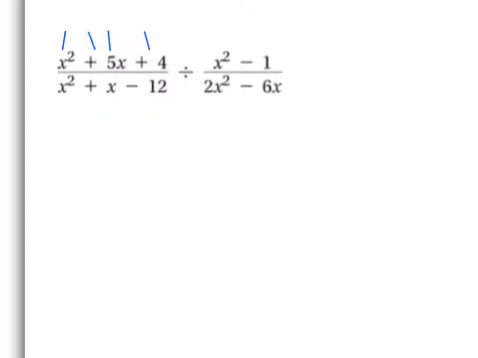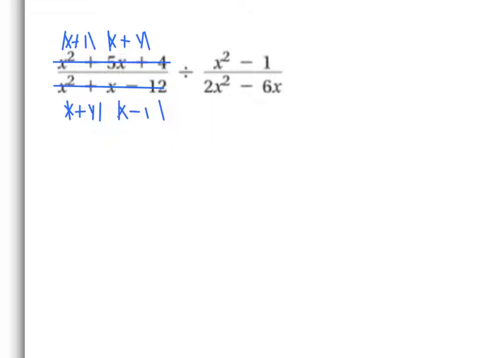Well, I need two numbers that multiply to give me 4, but add to give me 5. X plus 1, x plus 4. So I'm getting rid of that guy. Okay? On the bottom there, again, I need two numbers that multiply to give me negative 12, but add to give me positive 1. X plus 4, x minus 3.